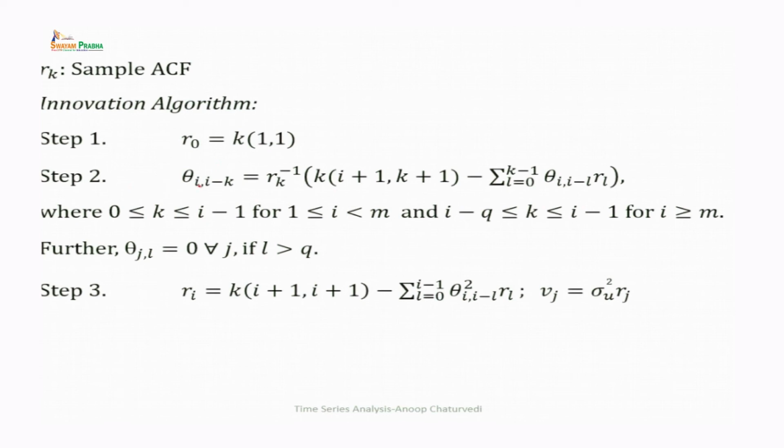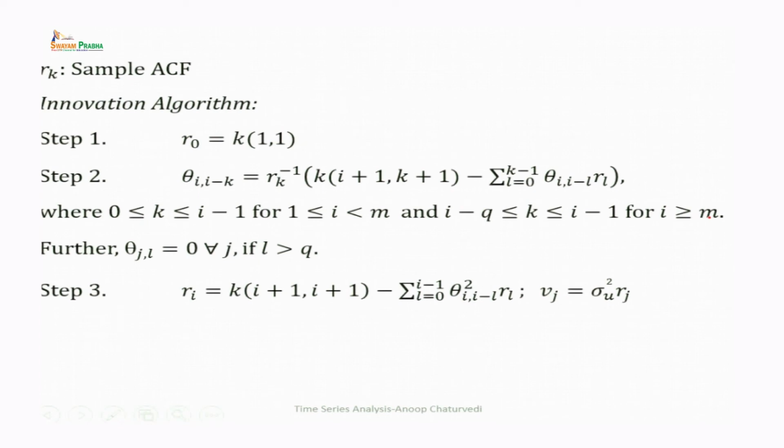In step 2, you take theta_{i,i-k} equal to R_k inverse times [kappa(i+1,k+1) minus this summation], where k lies between 0 and i minus 1, for i lying between 1 to m, and k between i minus q to i minus 1 for i greater than or equal to m.